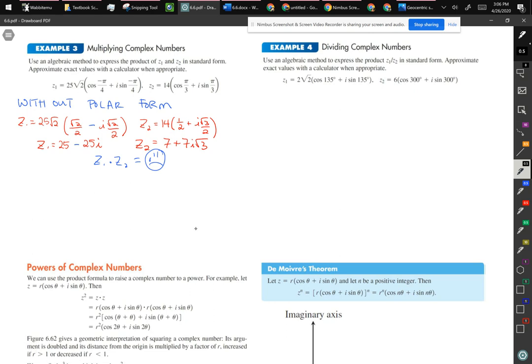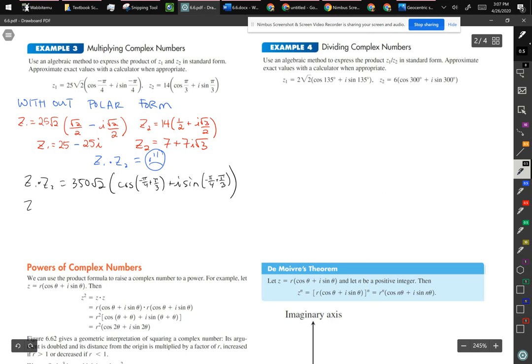So let's go ahead and do that. z1 times z2, if I had it in polar form, would just be 350 root 2. That's just multiplying 25 root 2 times 14. And the rest of it would just be cosine, i sine, and we just take our two angles and add them. Negative pi over 4 plus pi over 3.